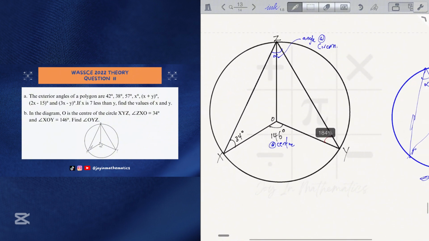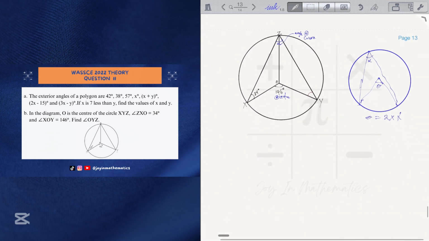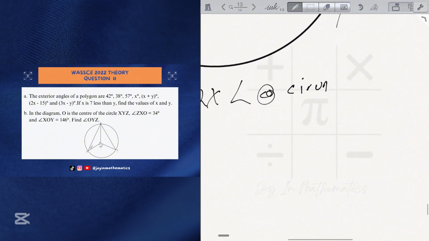So in view of that, let's follow the principle that angle at center is equals to 2 times angle at circumference. So let's write it out. Angle at center is equals to 2 times angle at circumference.